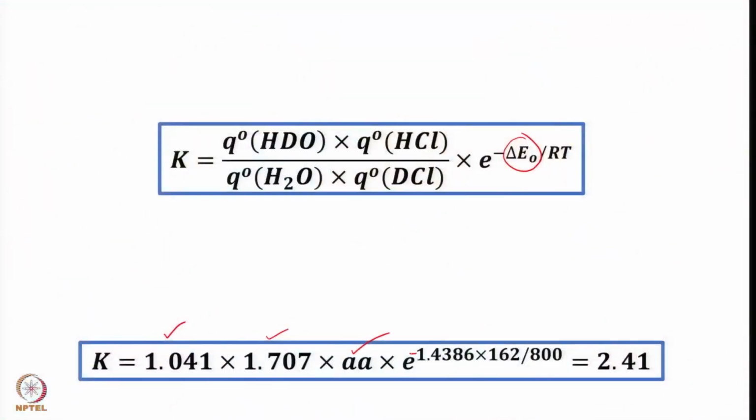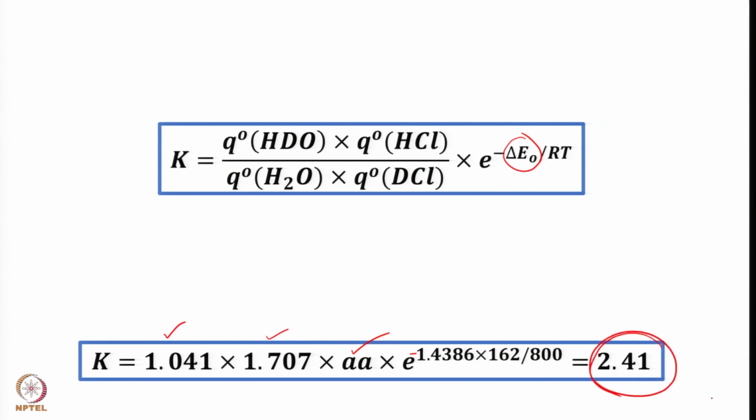And then exponential minus delta E naught by RT, or delta E naught by kT if you are not expressing per mole. So, substituting all those numbers, what you have is a final answer of 2.41.